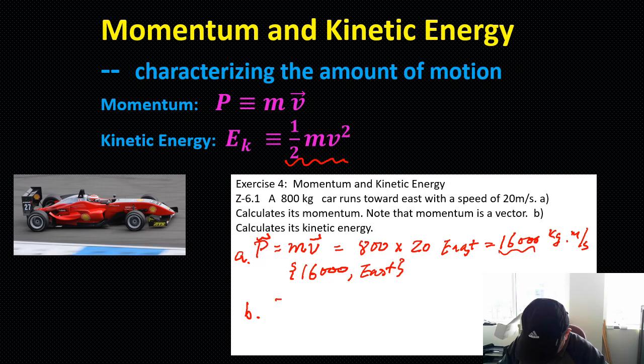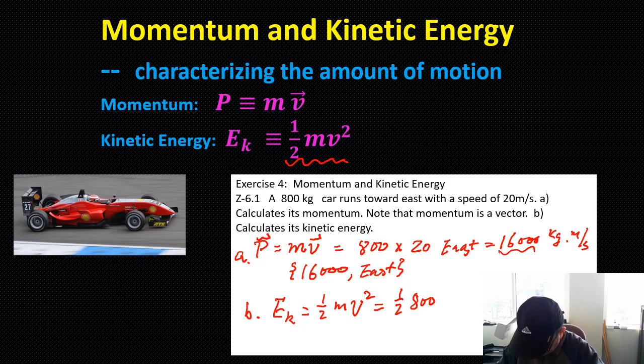We denote this E sub k. In this case, it is a scalar, which is simply a number. Half mass times velocity squared, and half the mass, again 800. This is related to the same motion, but we just have different quantities.